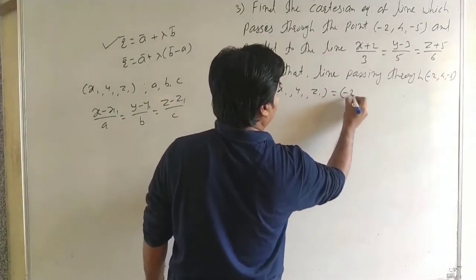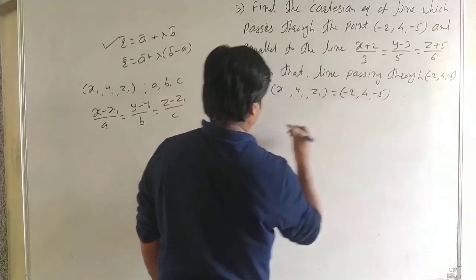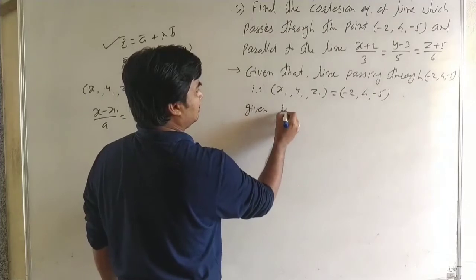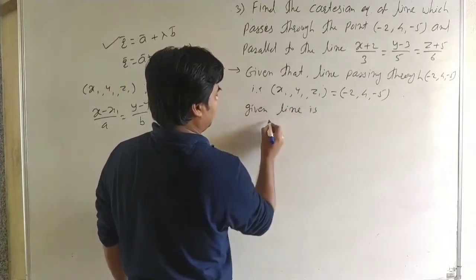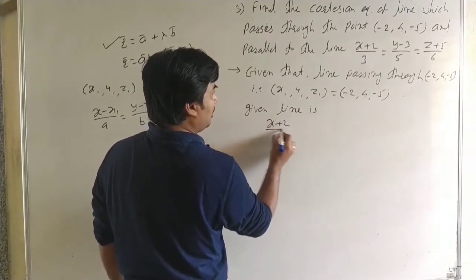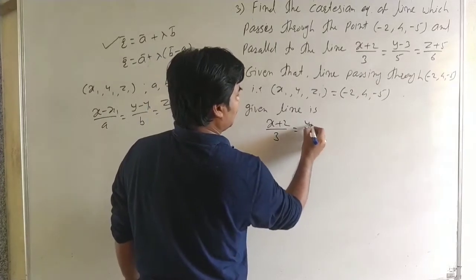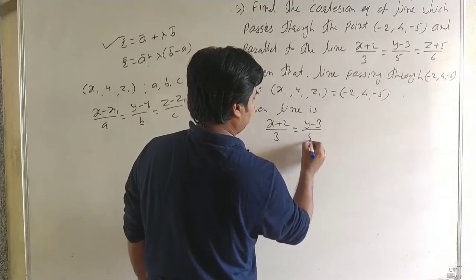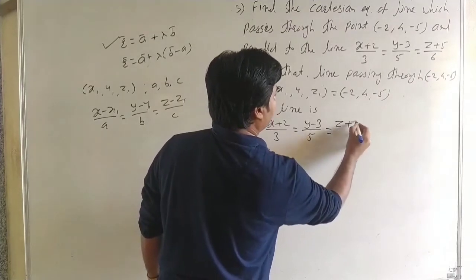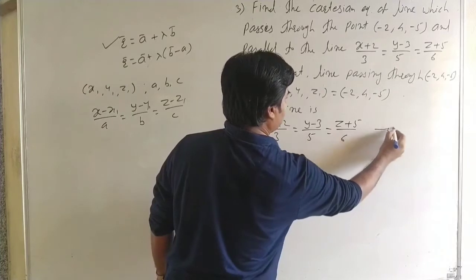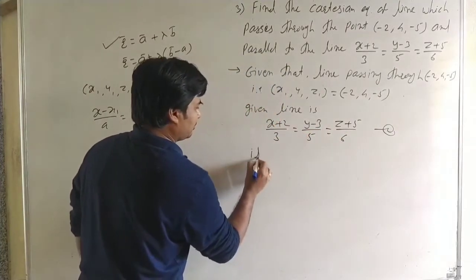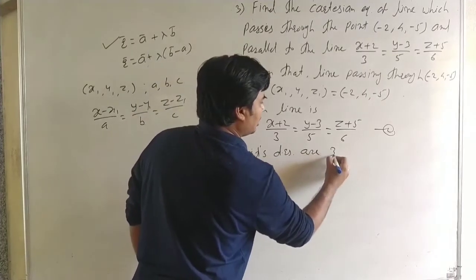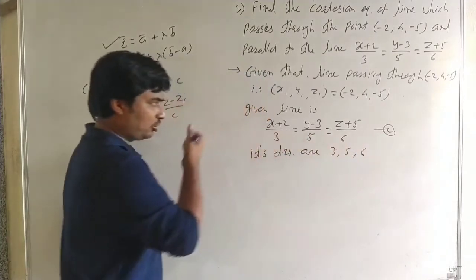And the given line is (x plus 2)/3, (y minus 3)/5 and (z plus 5)/6. It is equation number 1. Its direction ratios are 3, 5 and 6, the direction ratios of that line.